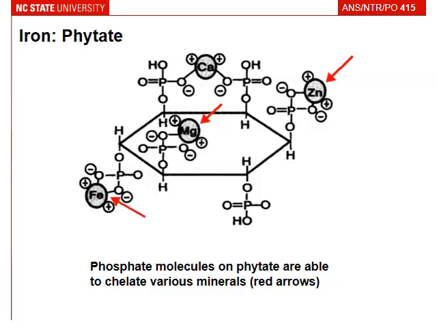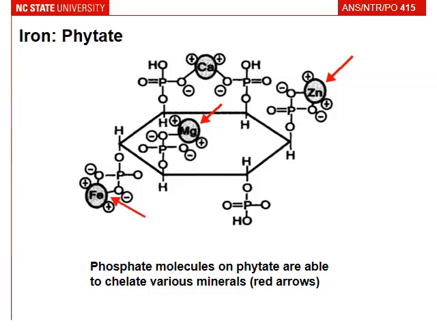So here's a picture of what phytate looks like. Throughout the rest of the semester, I'm probably going to be discussing phytate a lot because it does inhibit the absorption of many of our minerals. So here you can see the inositol ring. That's the main component. On each ring, we have a phosphate molecule, and these phosphate molecules are able to bind the positively charged ions.